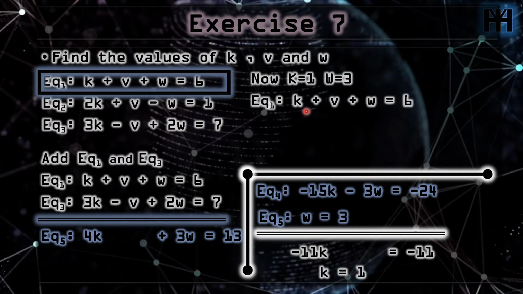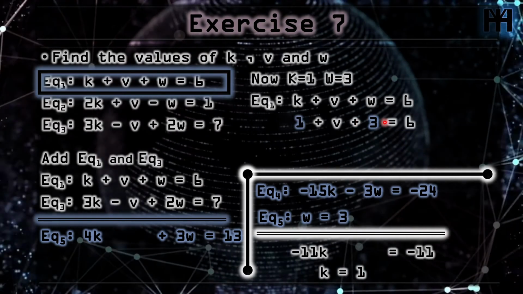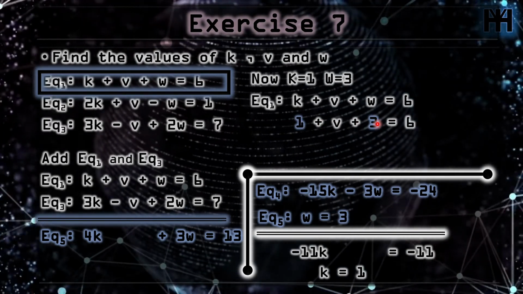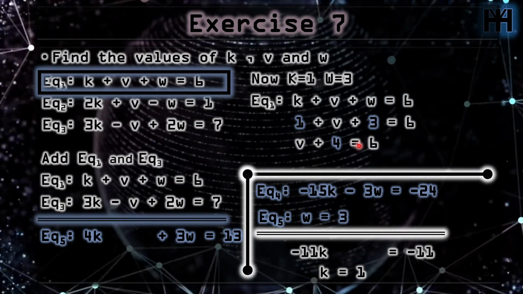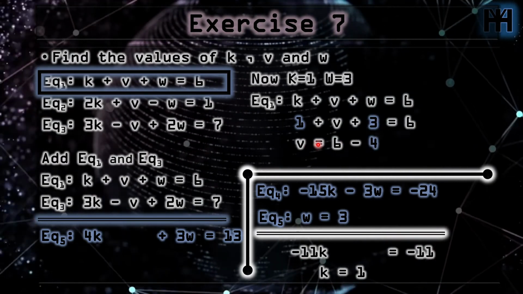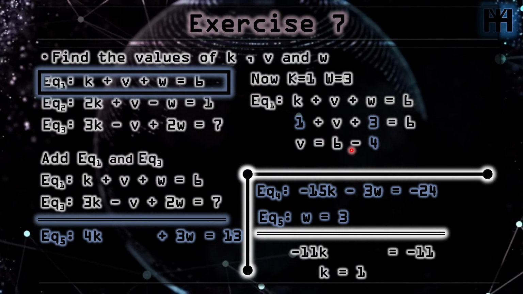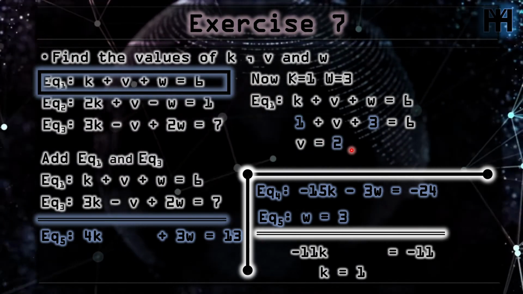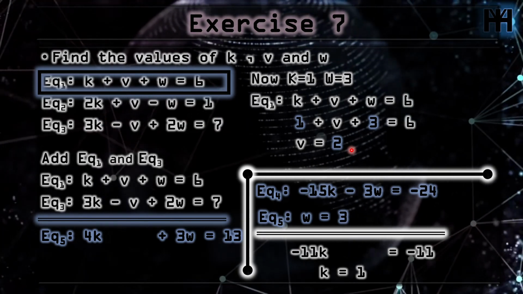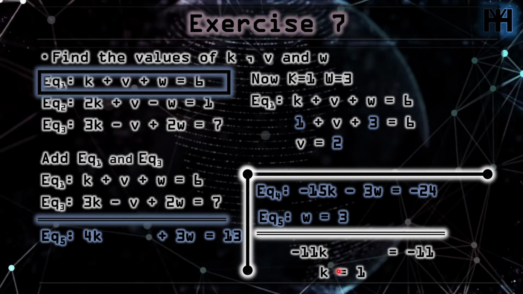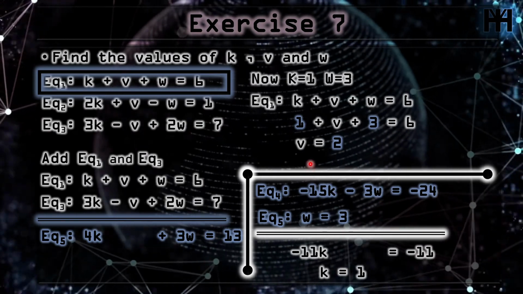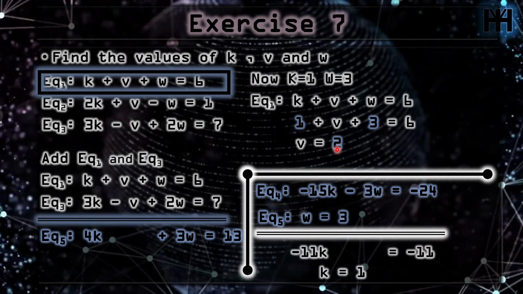You put k as 1 and w as 3 and add them here. So we have v plus 4 equals 6. So we can send the 4 to the other side. So v equals 6 minus 4. So v will be equal to 2. Here you get them. The k is equal to 1, w equals 3, and v is equal to 2.